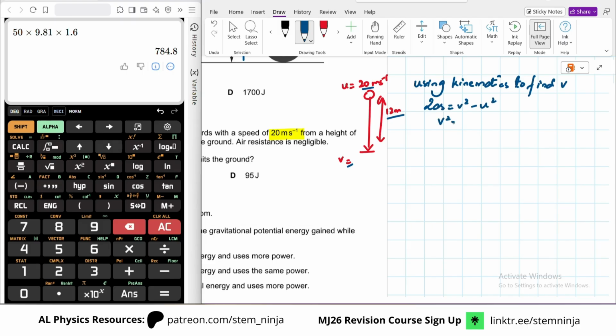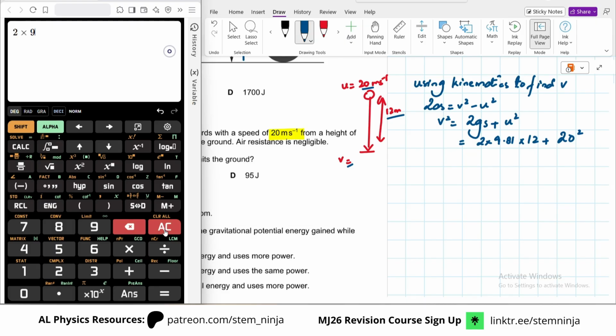So v squared would be 2gs plus u squared. This would be 2 times 9.81 times 12 plus 20 squared. So you get 2 times 9.81 times 12 plus 400. This is your v squared.